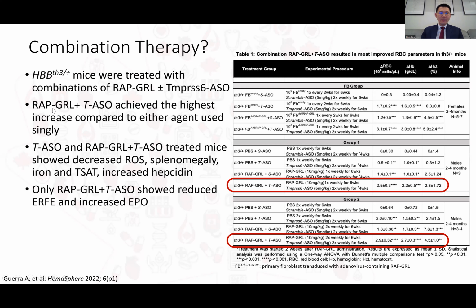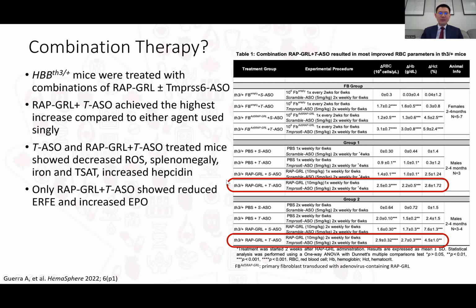It was found that the luspatercept analog plus the TMPRSS6 antisense oligonucleotide achieved the highest increase in both changes in red cells as well as other parameters compared to either agent used singly.